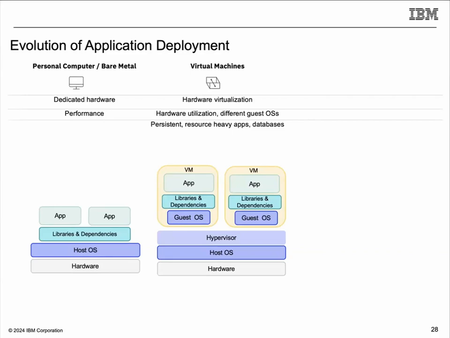Essentially you can run your application in its own virtual machine, which is a complete operating system with all the libraries and dependencies the application needs built in. So you do get all this isolation, but it is quite heavyweight. Everything is running an entire operating system inside each of these virtual machines.